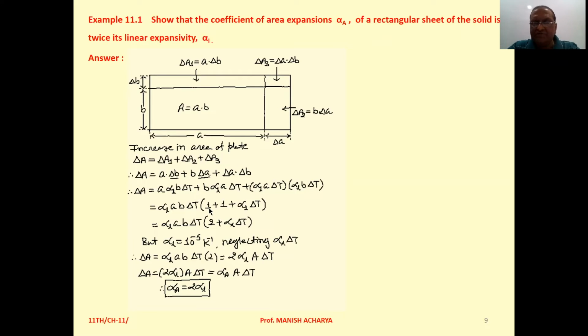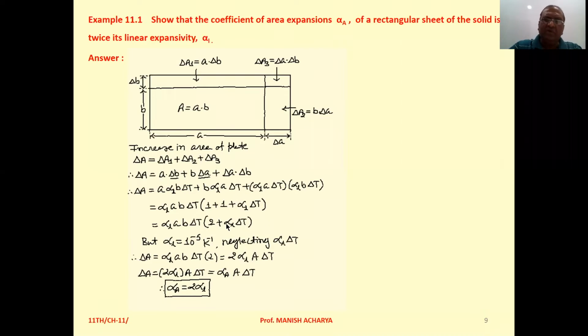So the first term is 1, and from this one when we take alpha L, A, B and delta T common, we will have alpha L into delta T. So now we can write delta A is alpha L A B delta T into 2 plus alpha L delta T.